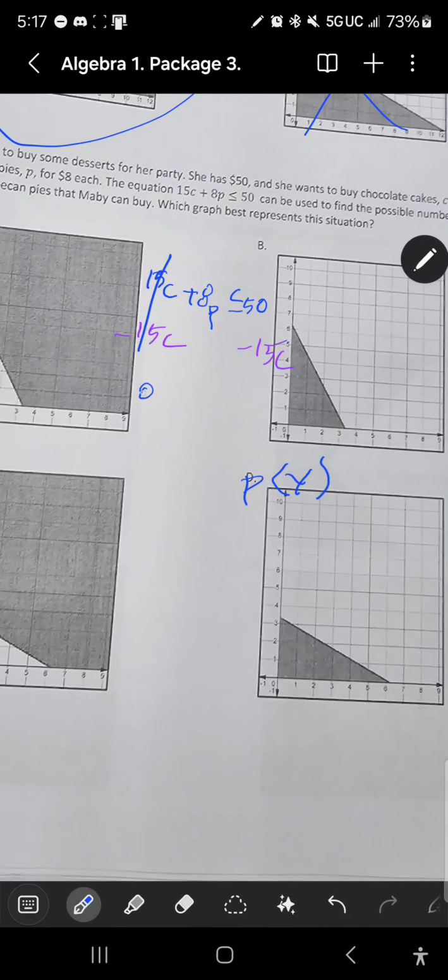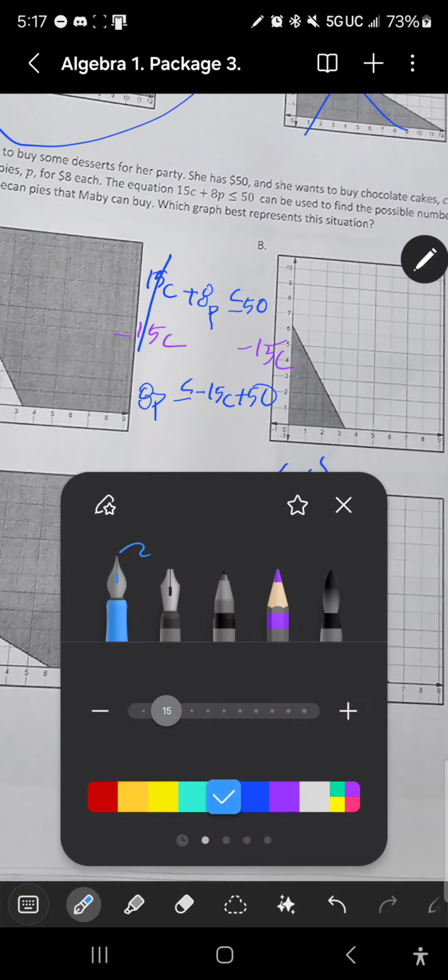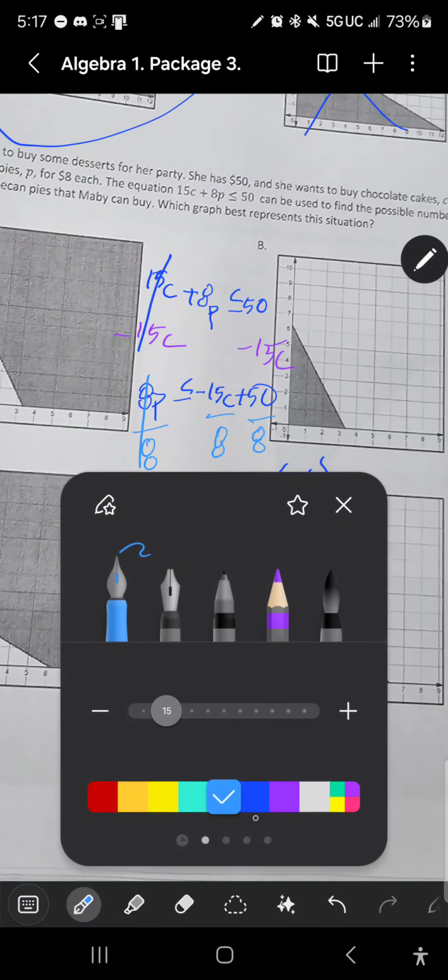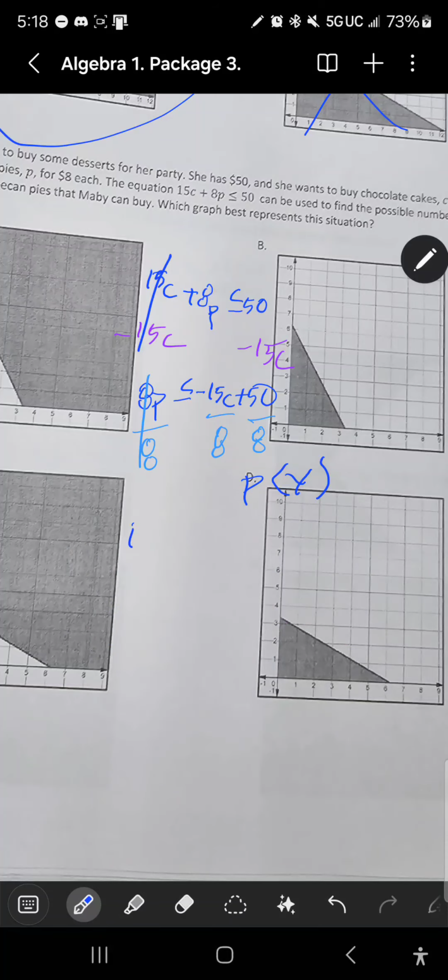Okay, and this cancels out, I get 8P less than or equal to negative 15C plus 50. Now I'm going to divide by 8. This cancels out, and I get that P less than or equal, it stays like that because we're dividing by a positive number, so it doesn't change. Negative 15 over 8 is just negative 15 over 8, it doesn't change.